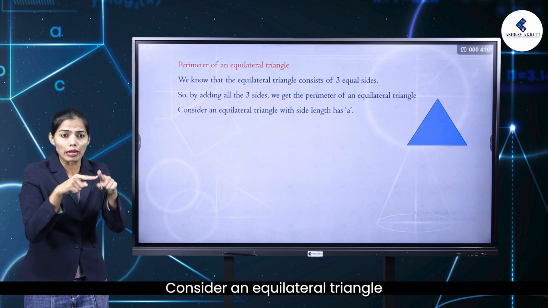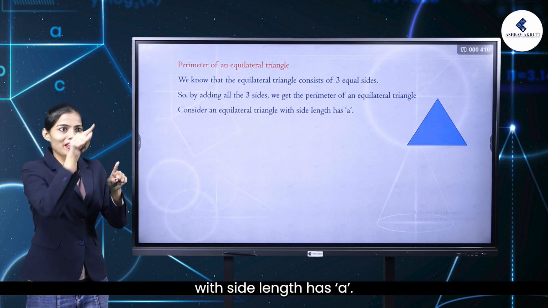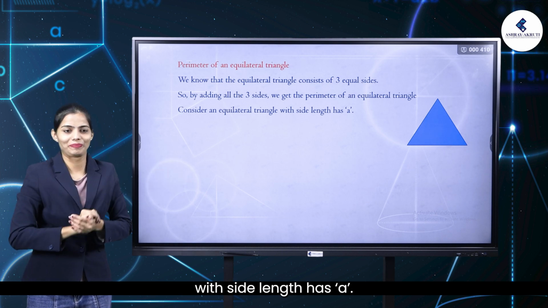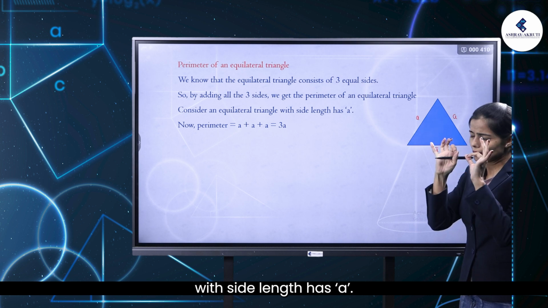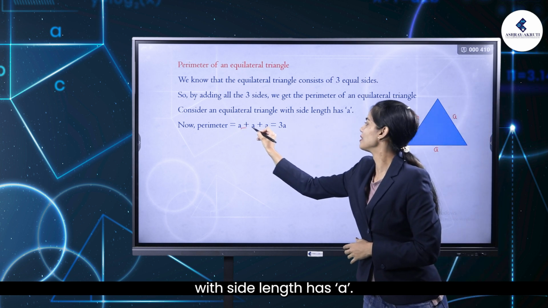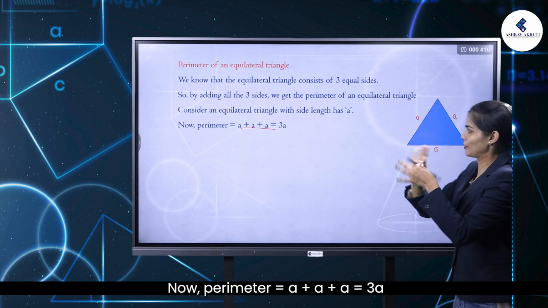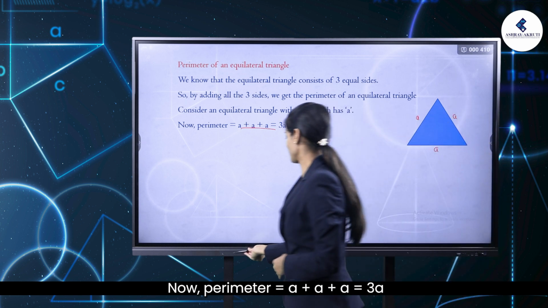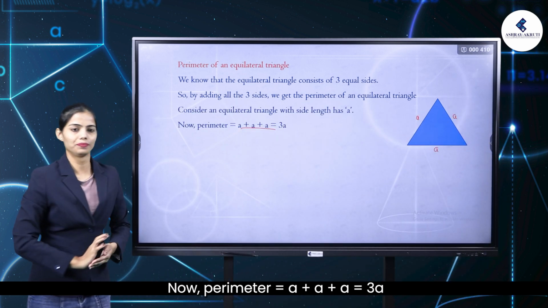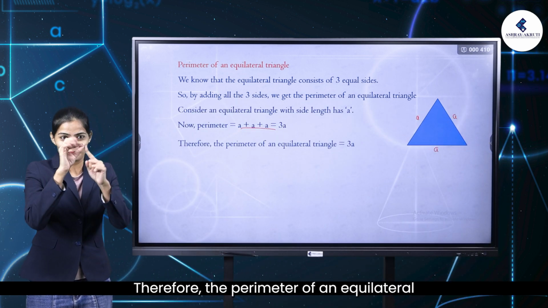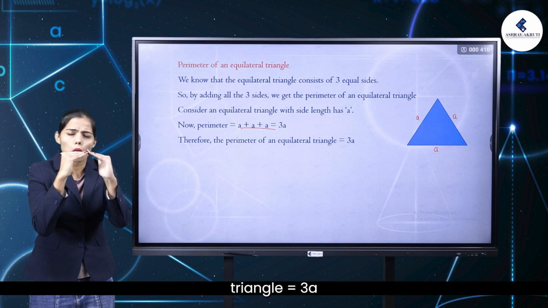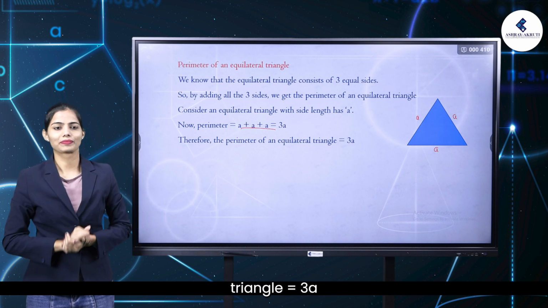Consider an equilateral triangle with side length as A. Now, perimeter is equal to A plus A plus A is equal to 3A. Therefore, the perimeter of an equilateral triangle is equal to 3A.